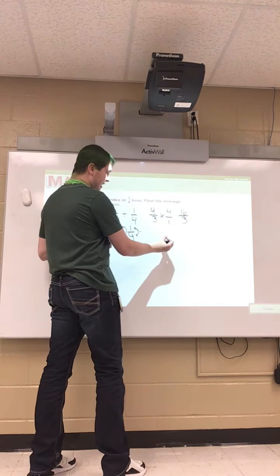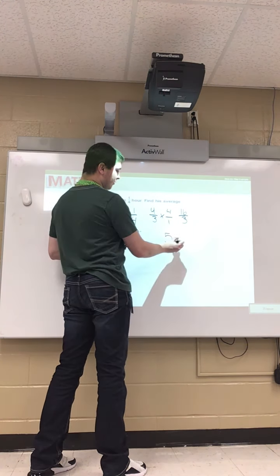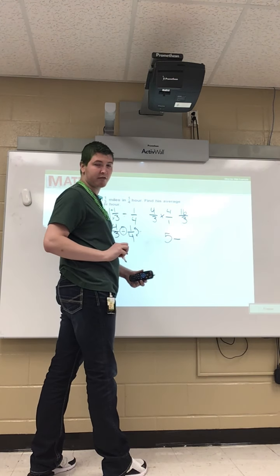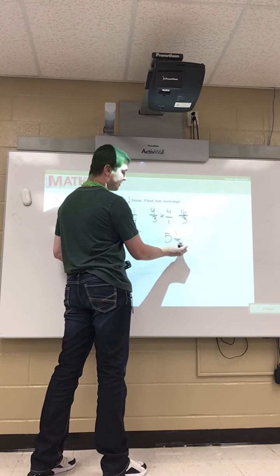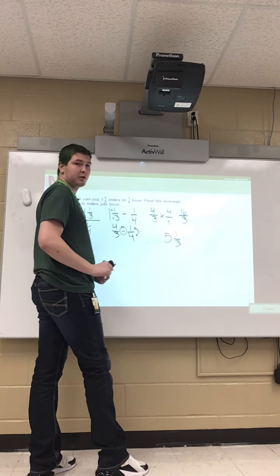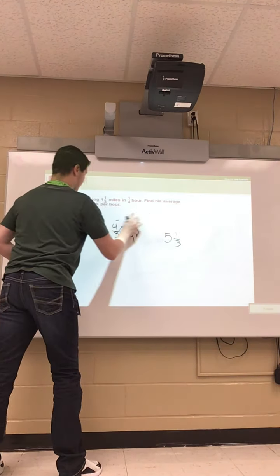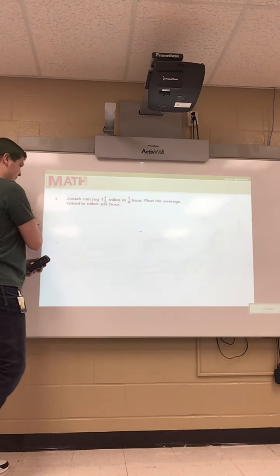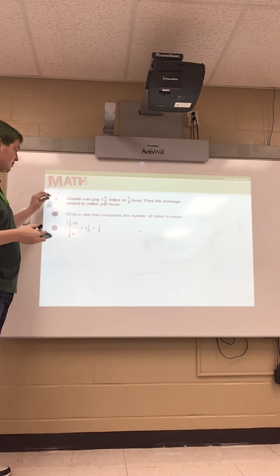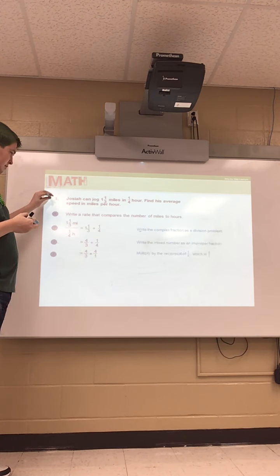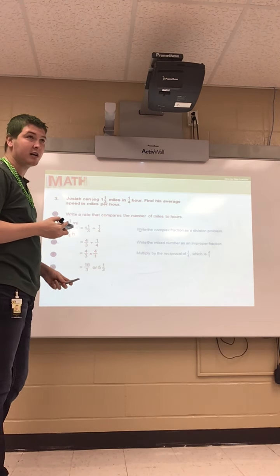Well, that would be 5, right? 15. So 16 minus 15 leaves you with 1 extra left, and you always keep the denominator. So you can rewrite it as 5 1/3. This will just show you everything we did. So 16/3 or 5 1/3. Either one is fine, they mean the same thing.